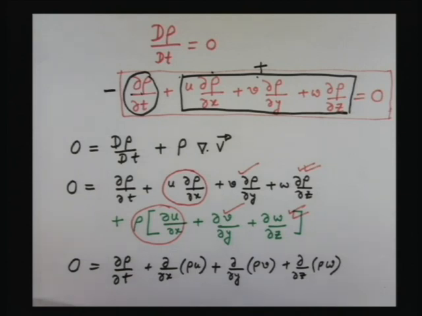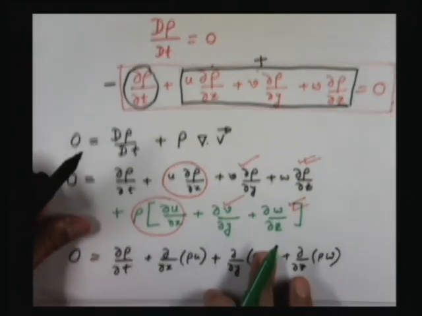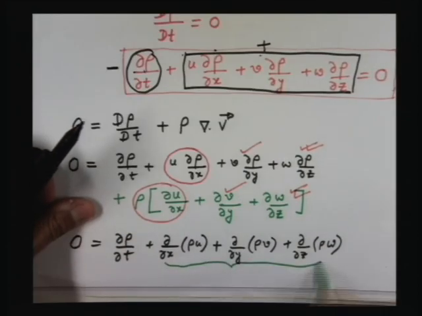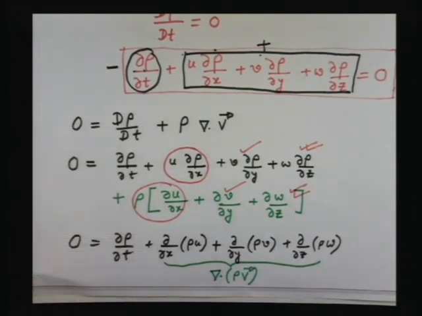This term can be written as divergence of rho v in vector calculus notation.